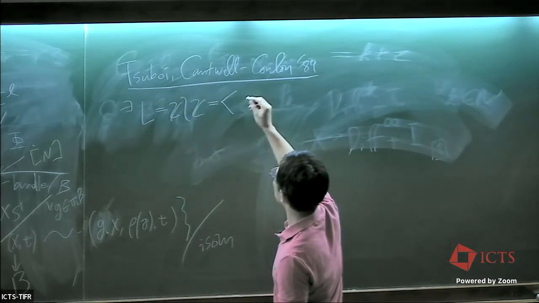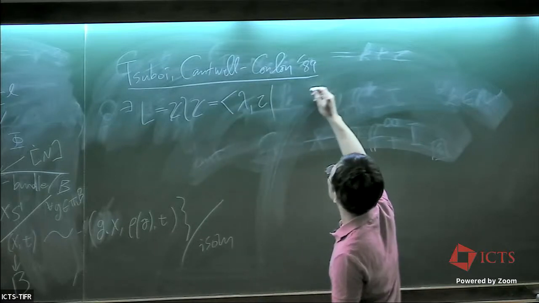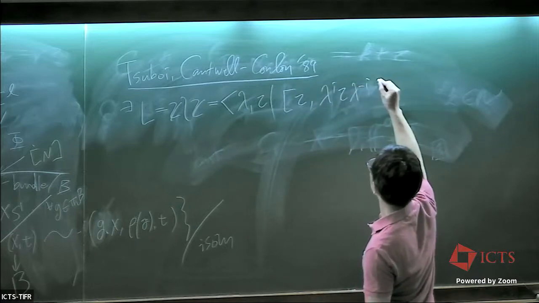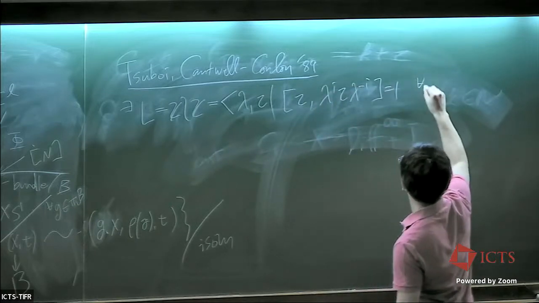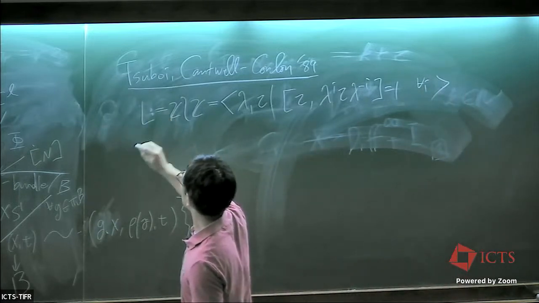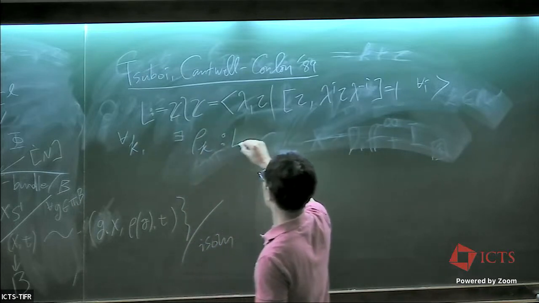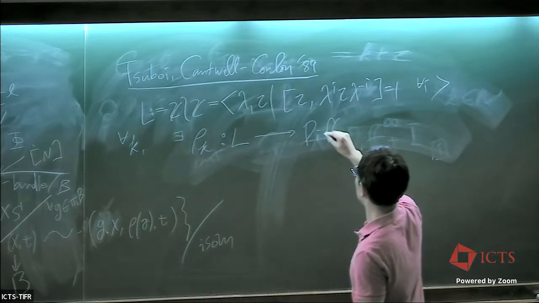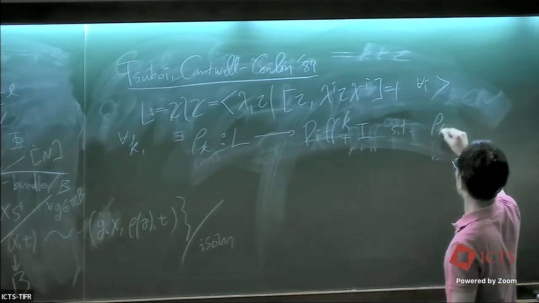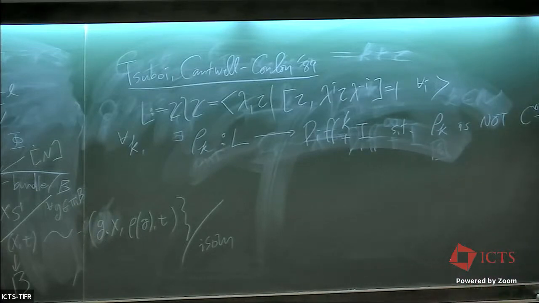So this is, in other words, the lamplighter group, generated by tau and an infinitely generated group. Then for all k, there is a representation rho_k of L into Diff^k, such that rho_k is not C^0 conjugate into Diff^(k+1).